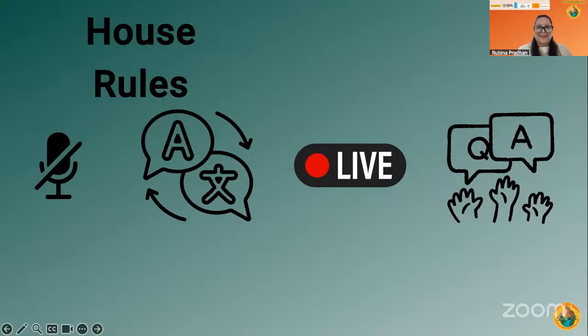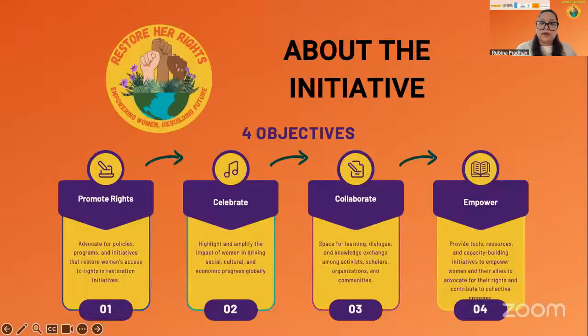Without further ado, I would just like to talk a little bit about the initiative. I'm sure we all know something about the Restore Her Rights initiative, which is guided by the sole notion of advocating for women-led and community-led restoration practices and work that's been going on on the ground, and amplifying voices that have not been heard before.